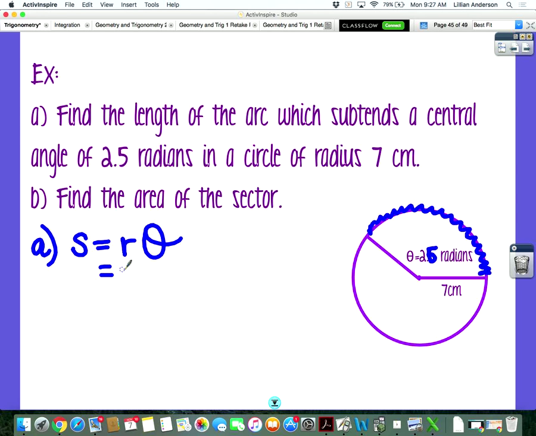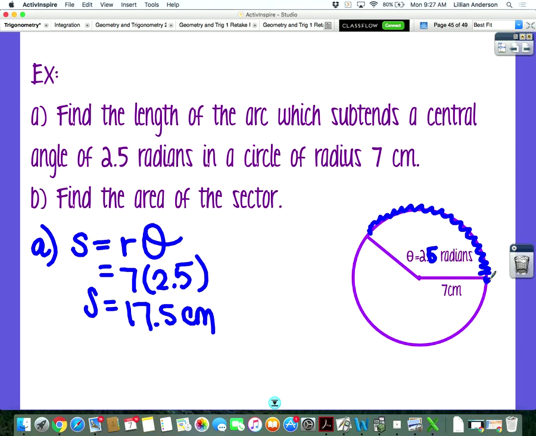So all we're going to do is 7 times 2.5, which is 17.5. That's the length from one point to the other point. That's how long that arc is. It's pretty straightforward, pretty simple.